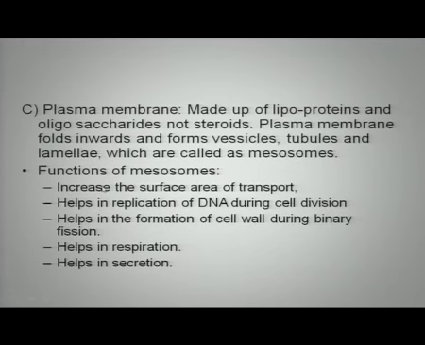Now, coming to the functions of mesosomes, they increase the surface area for transport, help in replication of DNA during cell division, help in the formation of the cell wall during binary fission, help in respiration, and also help in secretion.